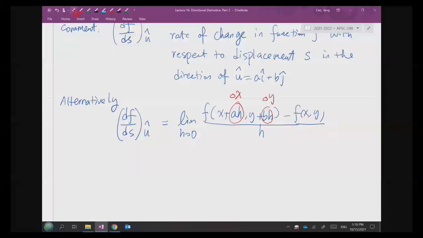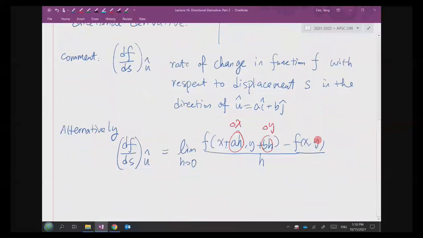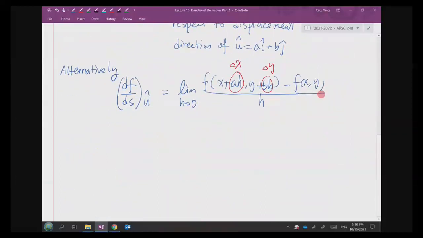So let's take a look at an example, and we'll mostly use this formula here to calculate a directional derivative. Let's consider this function.